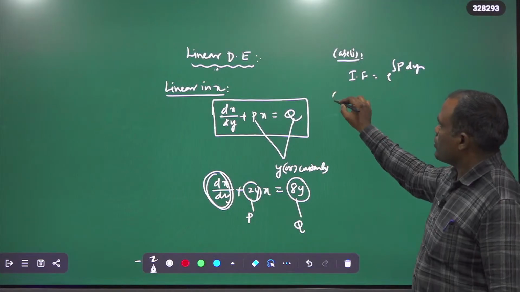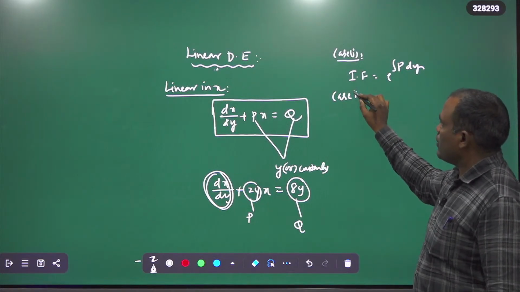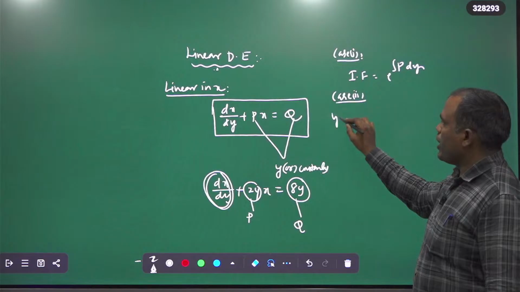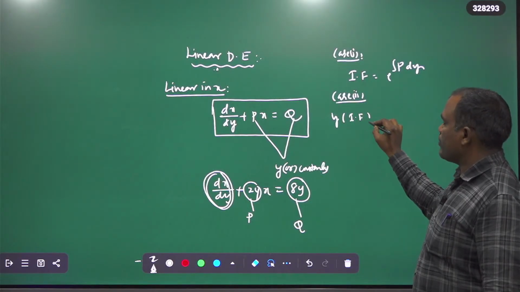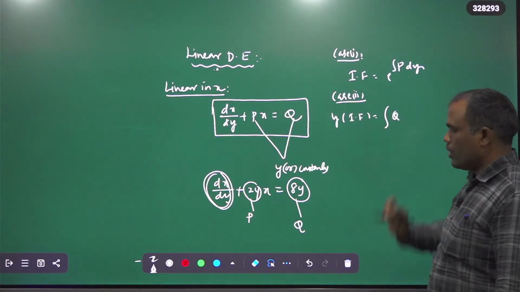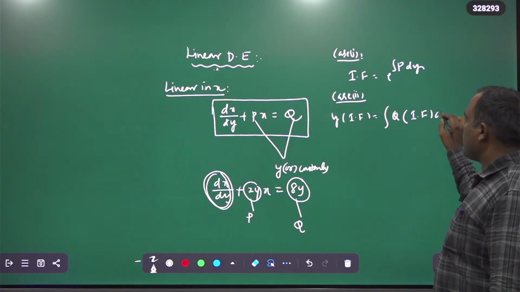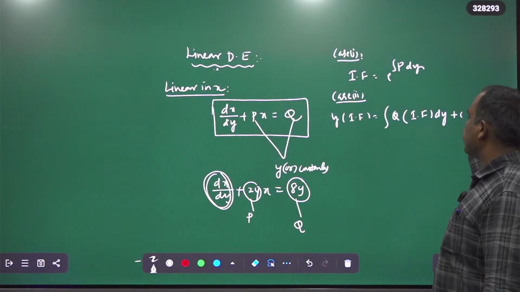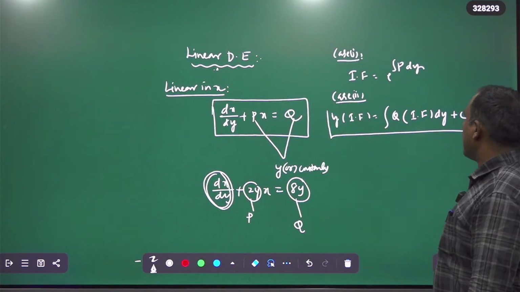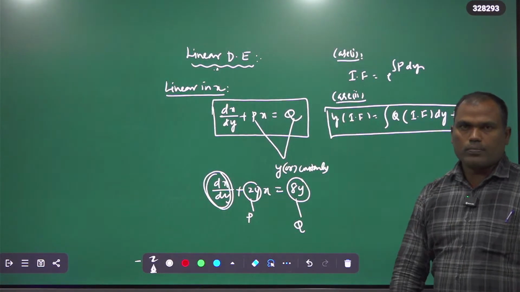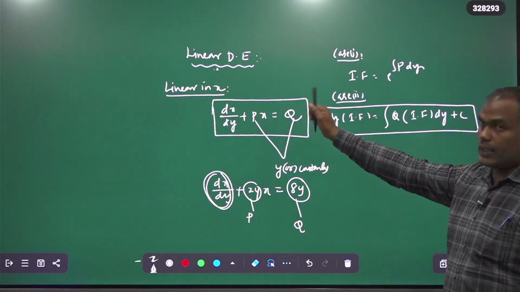Next, the general solution: x into the integrating factor is equal to the integral of Q into the integrating factor dy plus C. So this is the general solution of the given linear in x problem.